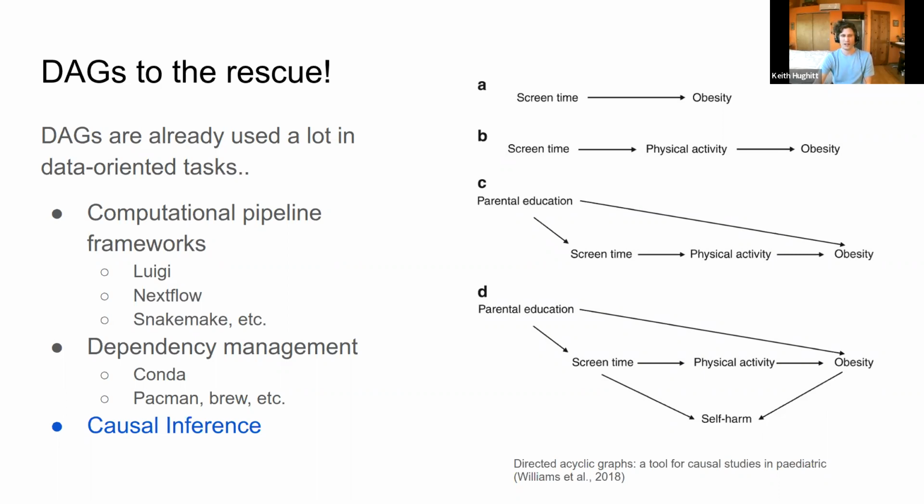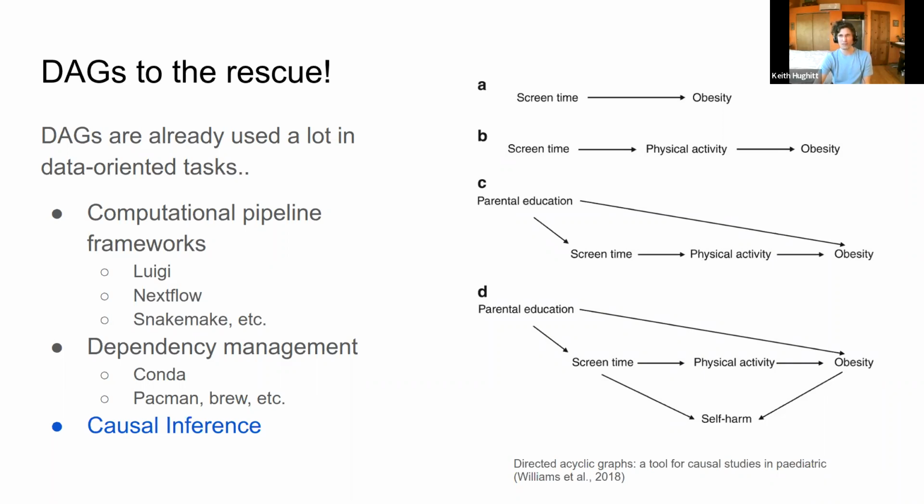Then you consider alternative hypotheses and explicitly depict these in a DAG form. For instance, and this is just pulled from a recent paper in pediatric studies, if you're interested in the impact of screen time on obesity, you could think about this causal relationship here.